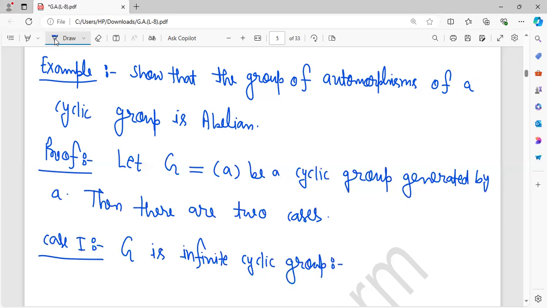Okay. If G is an infinite cyclic group, then there will be two generators.